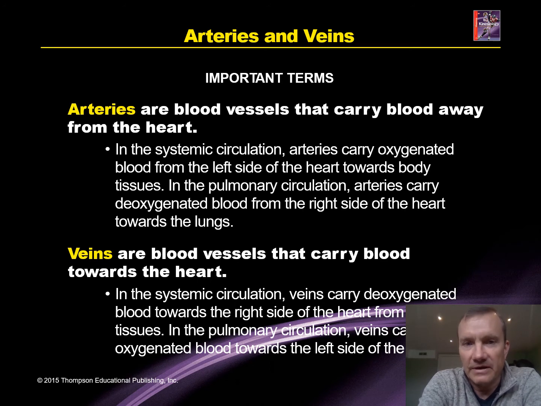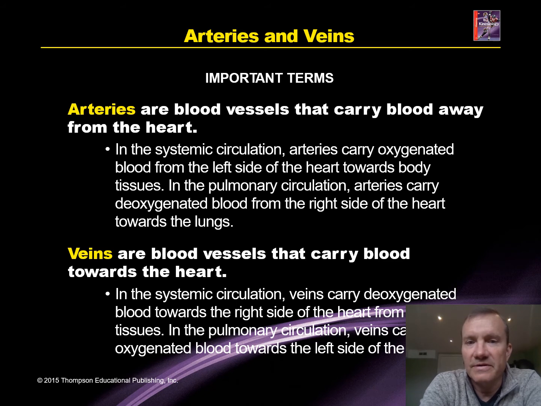And so in systemic circulation, arteries carry the oxygenated blood from the left side of the heart toward the body tissues. In pulmonary circulation, arteries carry deoxygenated blood from the right side of the heart towards the lungs. So notice, arteries are always carrying blood away from the heart. Most of the time, it's oxygenated, but in the case of pulmonary circulation, it's deoxygenated blood.